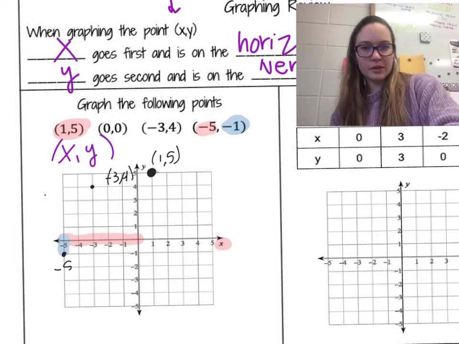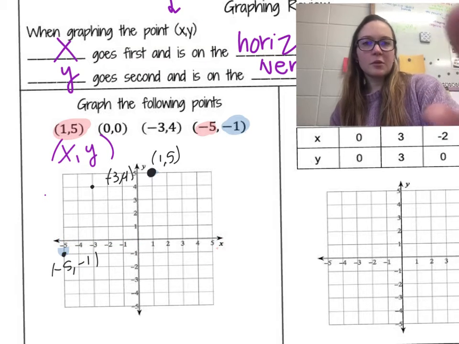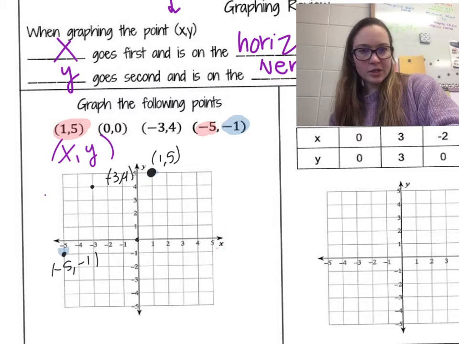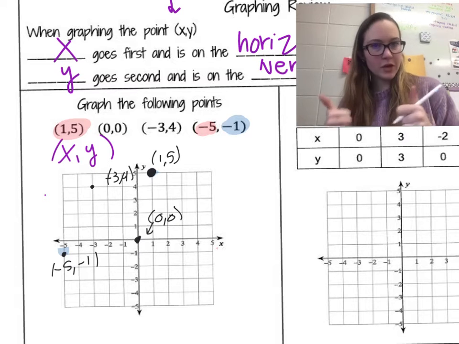So that point right there, negative 5, negative 1. All right, and then our point 0, 0 is the origin. It's right here where we start. It doesn't go up or down. It's just right there.